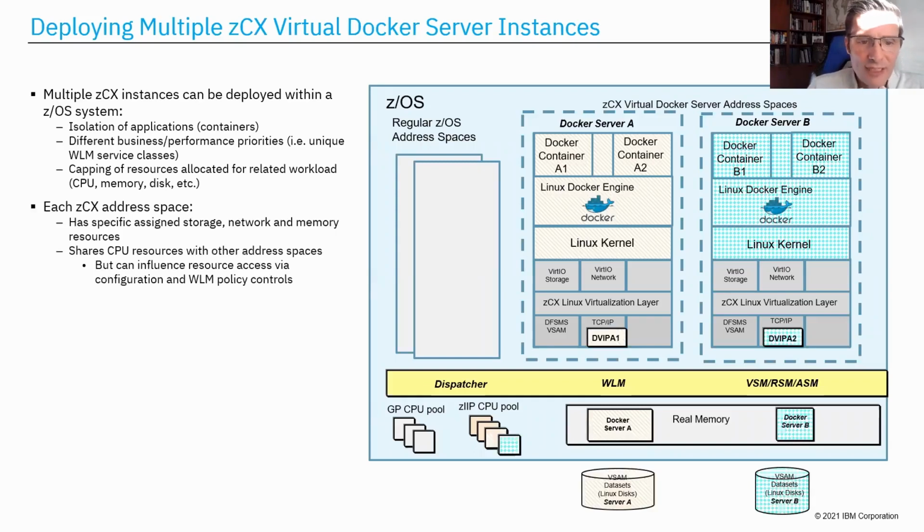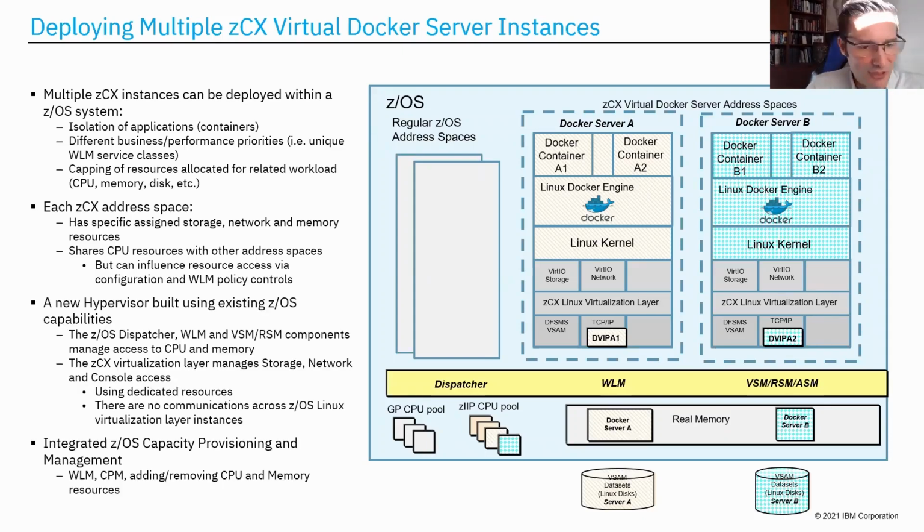So again, each ZCX address space has its own assigned storage, network, and memory resources. It's going to have its own DVIPA, its own disks, and its own memory, which is page fixed. It is going to share the CPU resources, of course, with other address spaces, and your Workload Manager policy is going to have an effect on how many engines a particular address space gets, just like any other address space on your system.